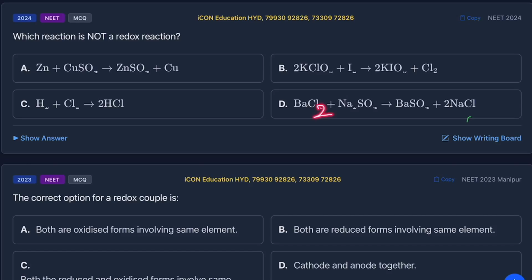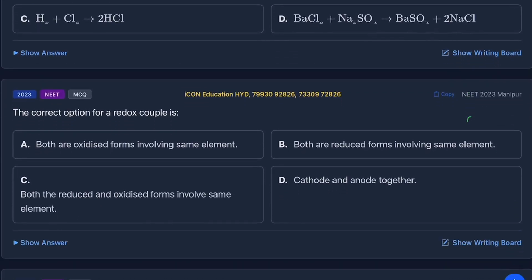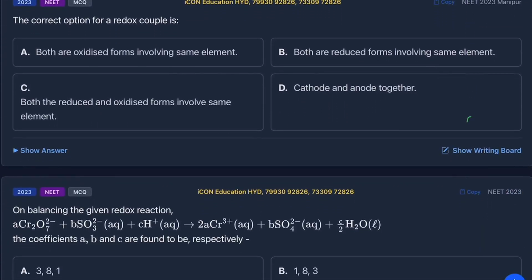This BaCl2 plus Na2SO4 to BaSO4 plus NaCl, where there is no change in the oxidation state, so this is not a redox reaction, it is called the double displacement reaction. So our D option is correct. Next we move towards the next question.